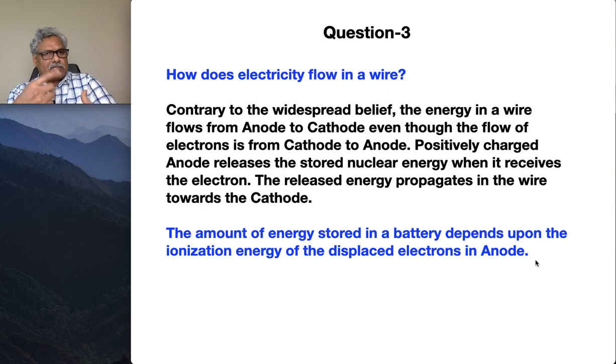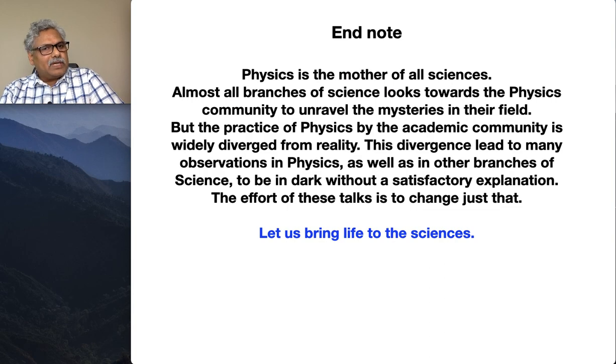Whatever that ionization energy is, whether the electron shell is 2s2 or 2p4, the ionization energy of the atom at the anode determines how much energy gets stored in a battery. So that explains all those questions.